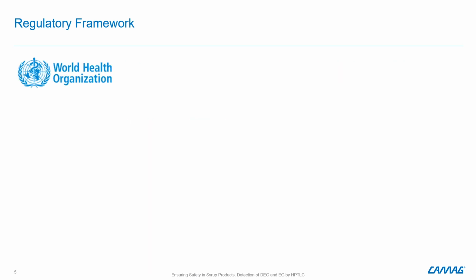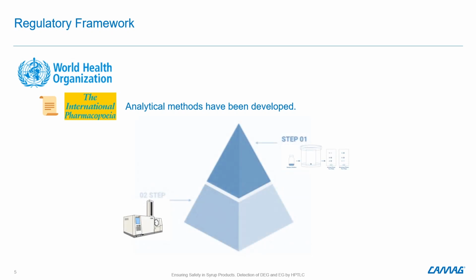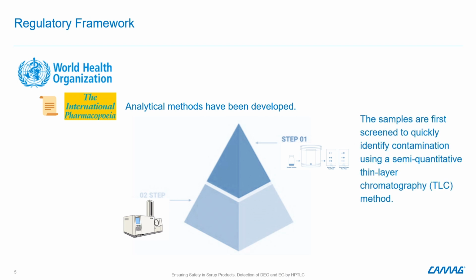The World Health Organization (WHO) has included in the International Pharmacopoeia a two-step screening for DEG and EG. During the first step, the samples are screened to quickly identify contamination using a semi-quantitative thin-layer chromatography method. Then, suspected contaminated product may be confirmed by GC.